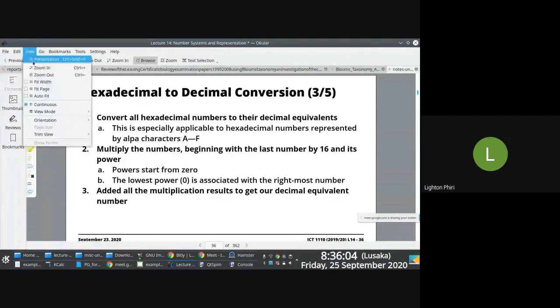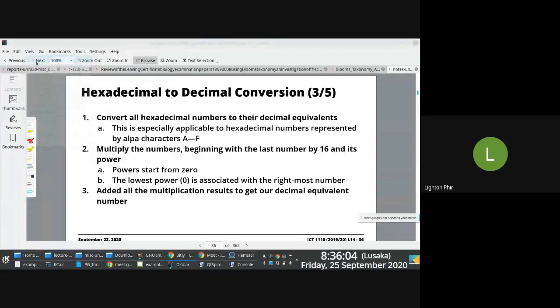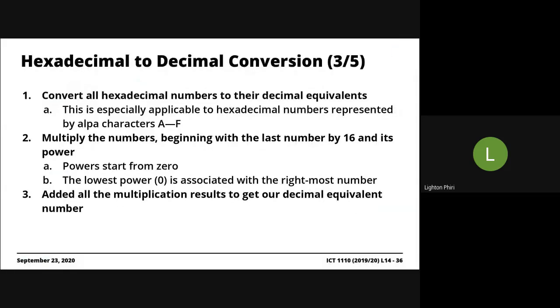And then you go to step number 2. Step number 2 is you start multiplying the numbers that you converted by their mapped powers of 16, beginning with 16 to the power 0. You do this right to left.